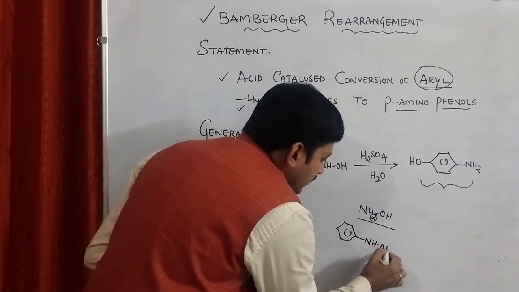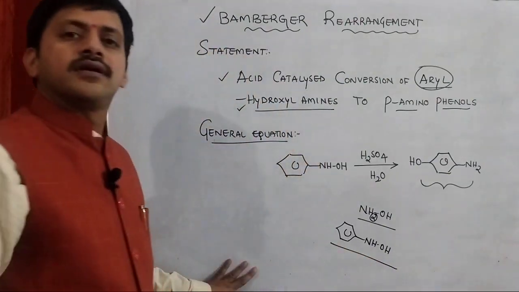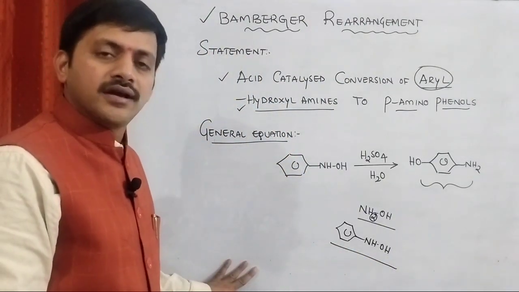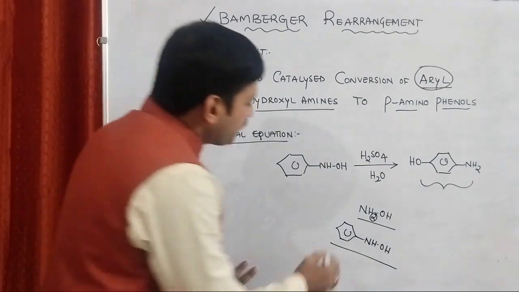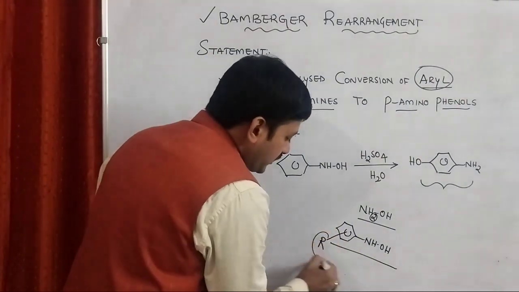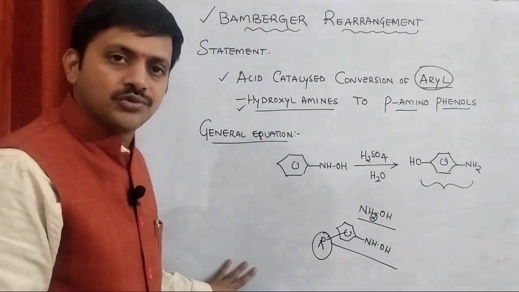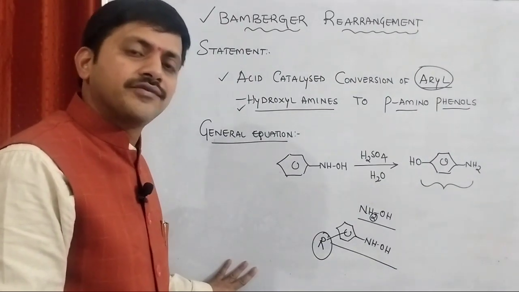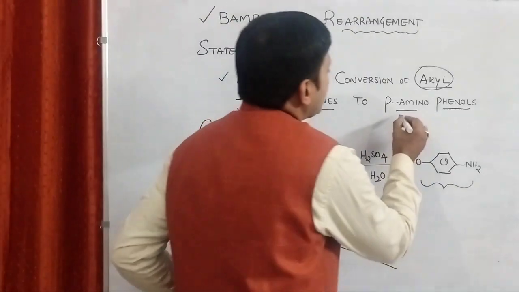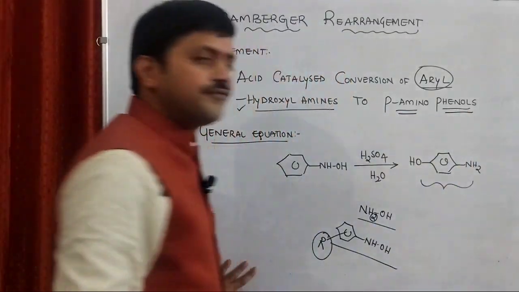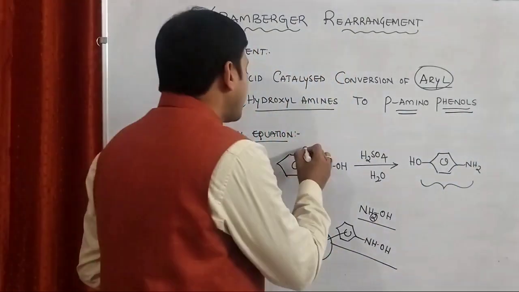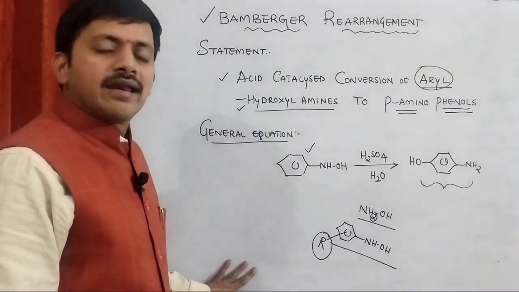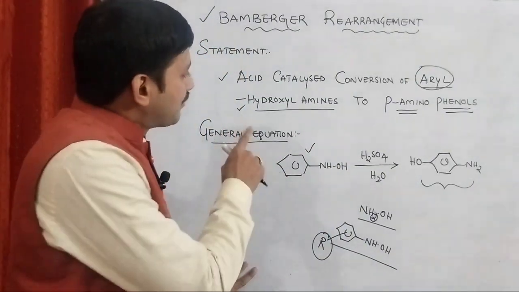You will get aryl substituted hydroxylamine. Here we can have a substitution. It may be an electron releasing group or an electron withdrawing group. Thereby you can also get different kinds of the products which are related to para-aminophenols. So the reactant is aryl hydroxylamine.